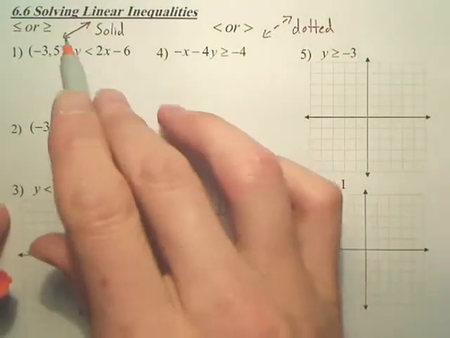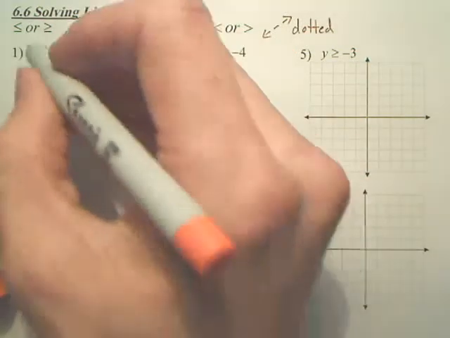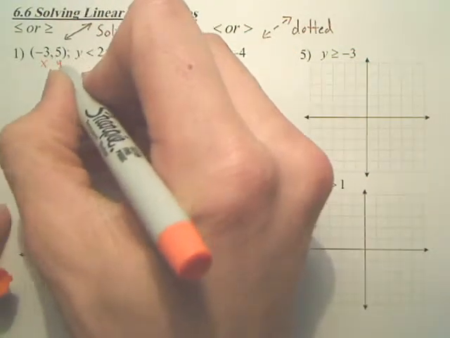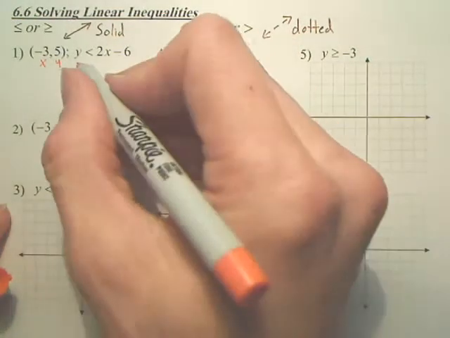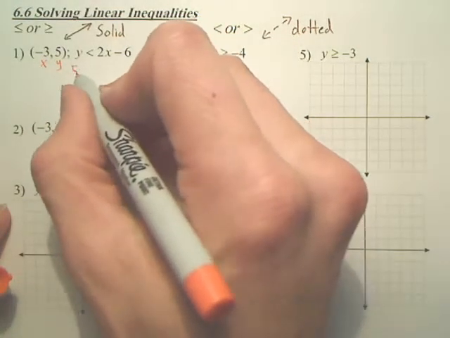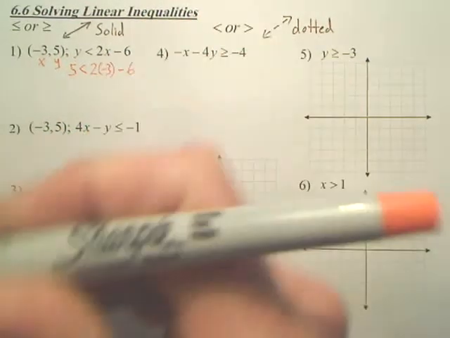For the first two, this first piece doesn't matter. For this particular piece, we're going to plug x and y in here and see if it's true or false. For y, I'm going to plug 5. For x, I'm going to plug -3.